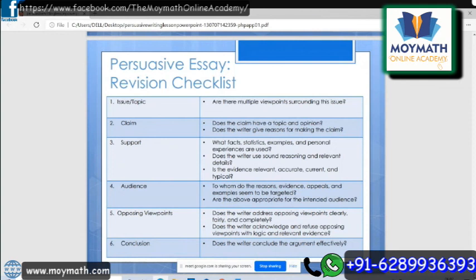Make sure that you include opposing viewpoints. Many people believe that, and then say, and there are arguments against it. That should be done. Okay, is it done? Yes.